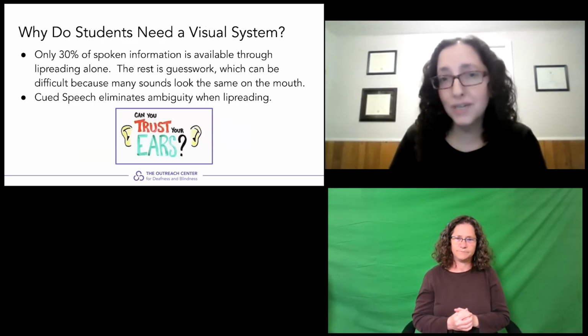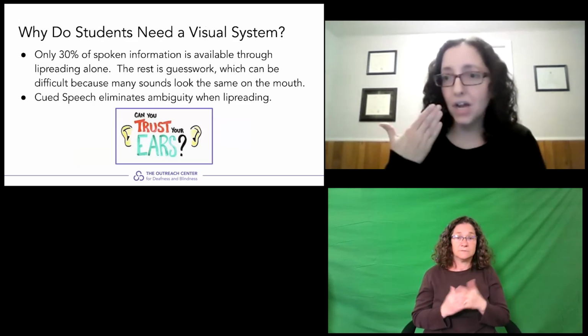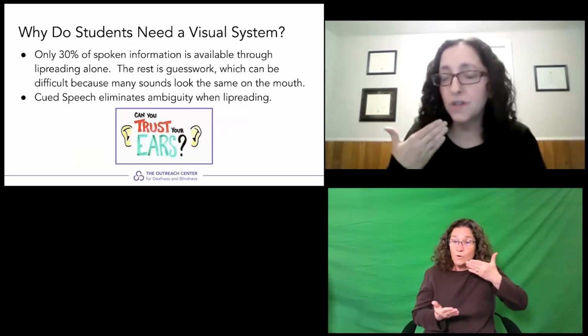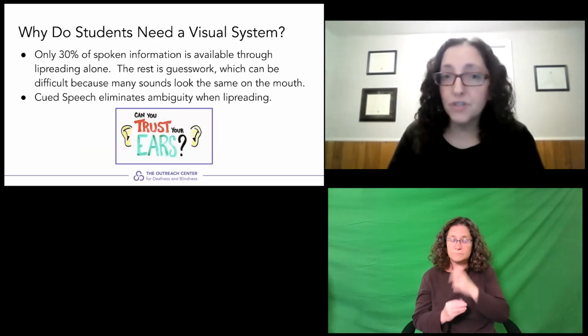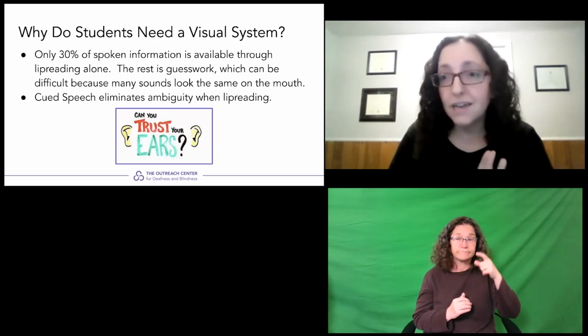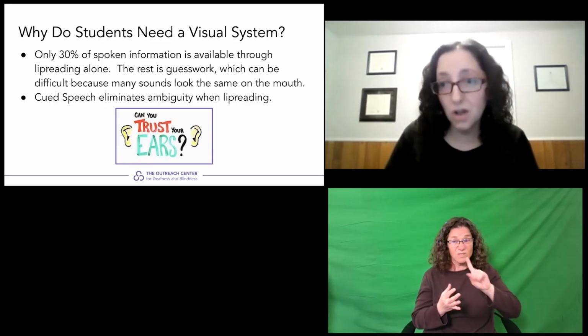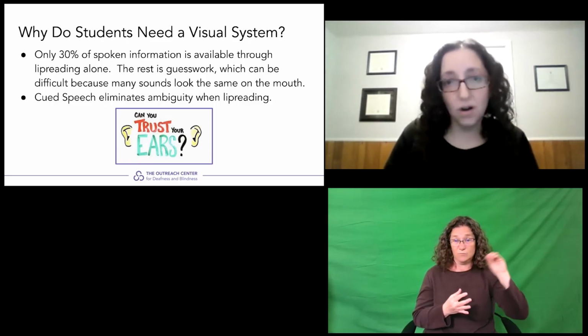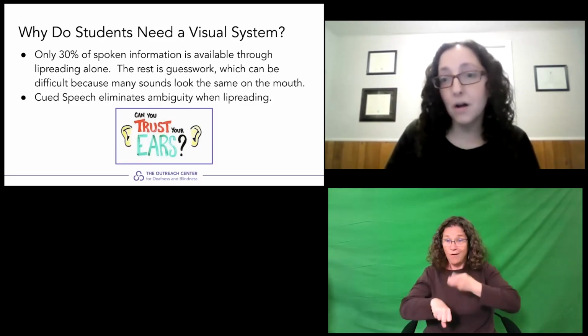So why do students need a visual system? Why add cueing to the natural mouth movements of speech? Well, only 30% of spoken information is available through lip reading alone. The rest is guesswork, which can be difficult because many sounds look the same on the mouth.